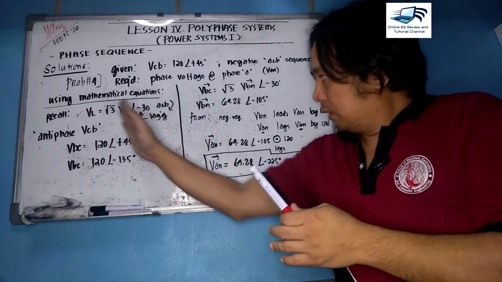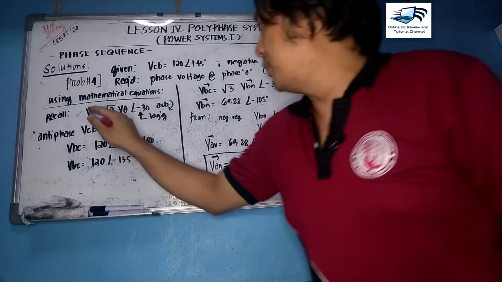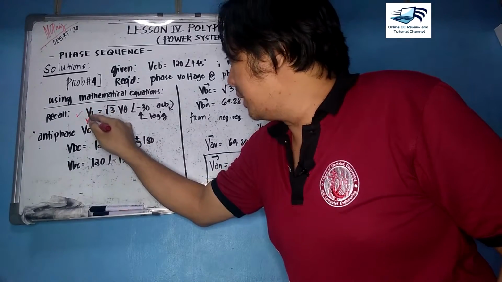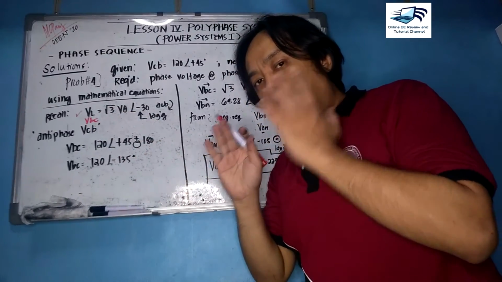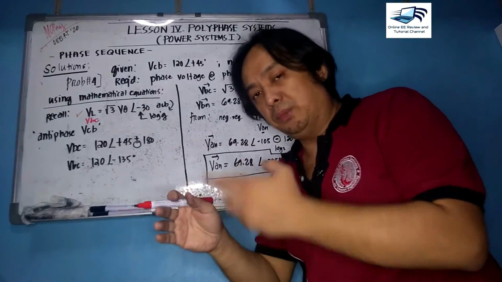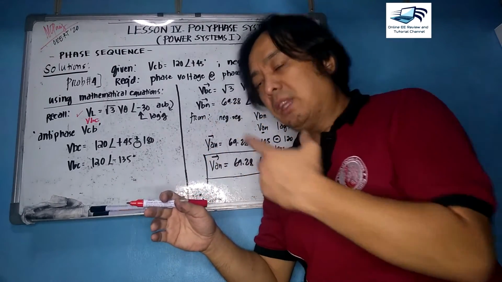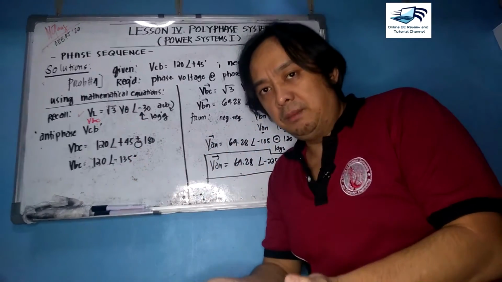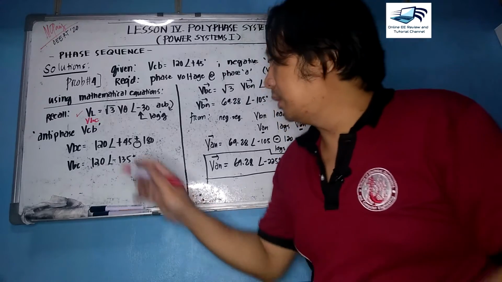Also, in order to have this formula, it must have the same phase. For example, our main goal here is line voltage, and please take note of what we have discussed so far, that we need to have the same polarity marks. Otherwise, if that is not the same letter sequence, you need to anti-phase it, which is again based on the basic fundamentals that we have learned in AC circuits.